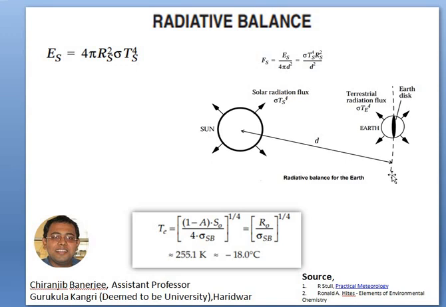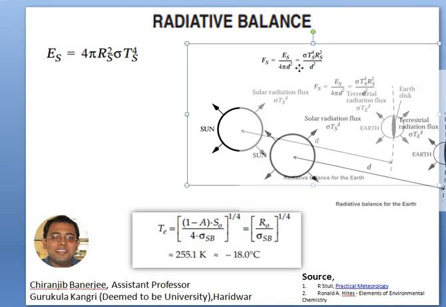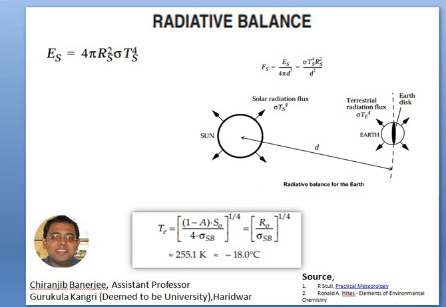If you solve for this, Es by 4 pi d square, you will get Fs as 1370 watt per meter square.